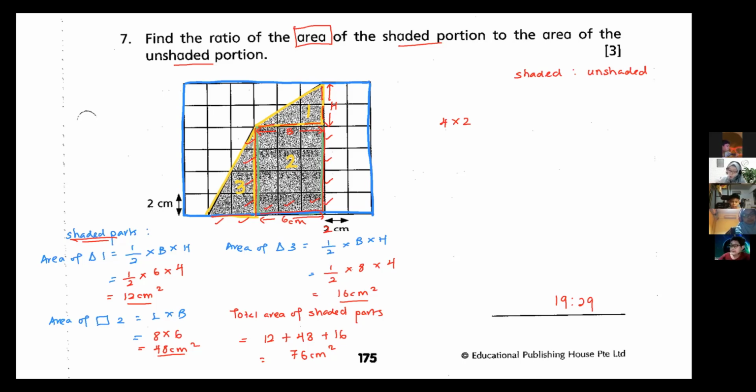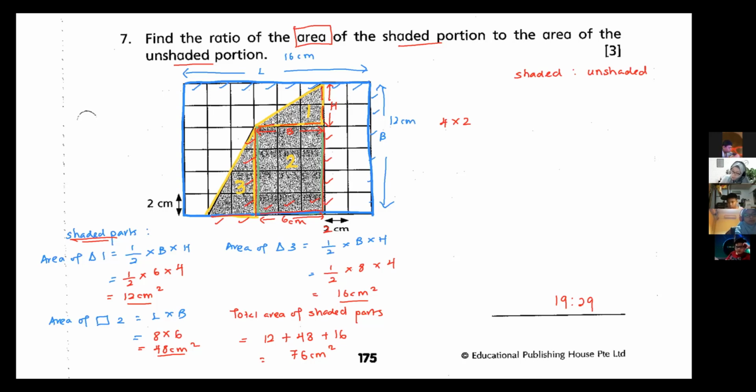For the whole rectangle, the one I outline in blue, this is my length and this is my breadth. The length will be 2, 4, 6, 8, 10, 12, 14, 16, so 16 cm. The breadth will be 2, 4, 6, 8, 10, 12, so this is 12 cm.